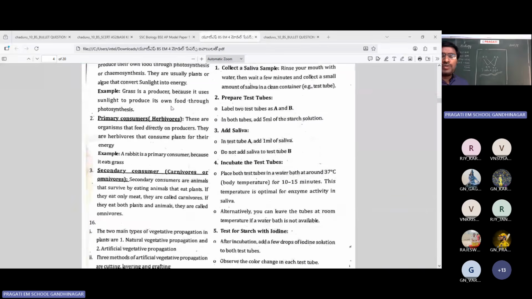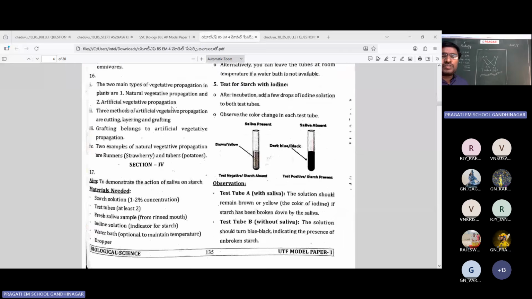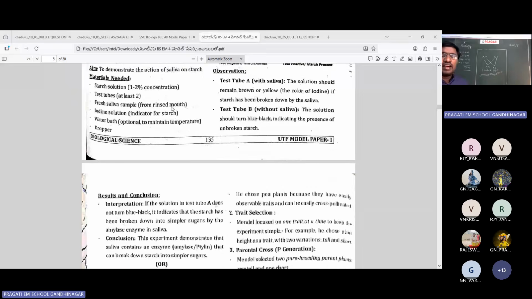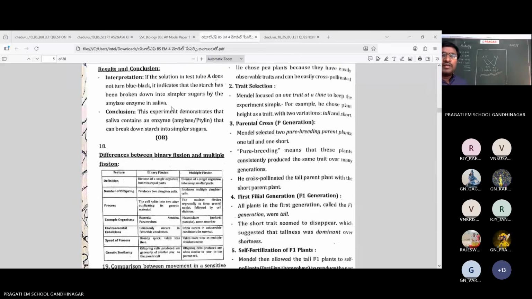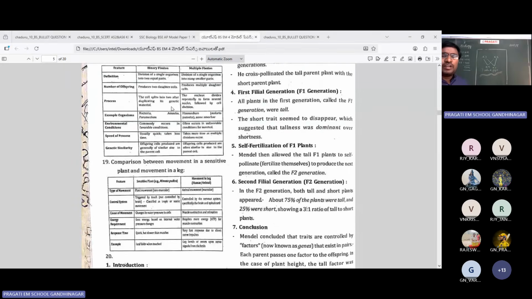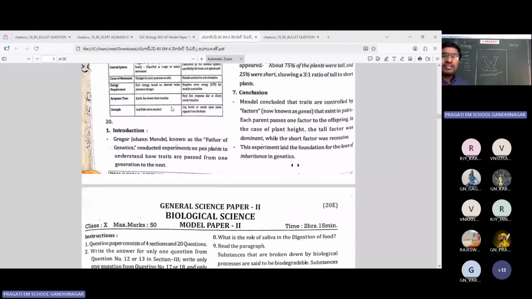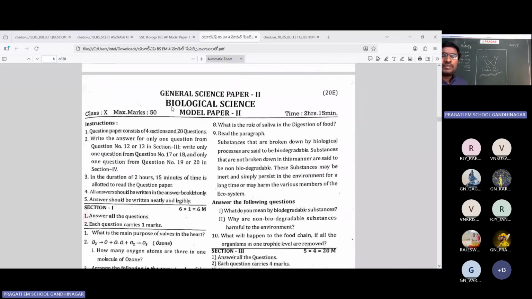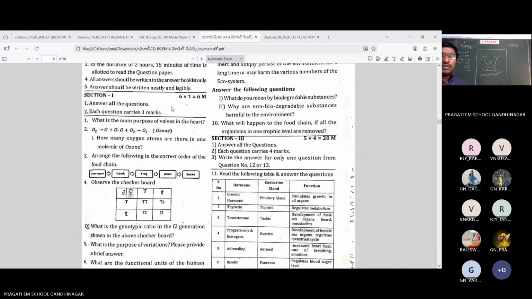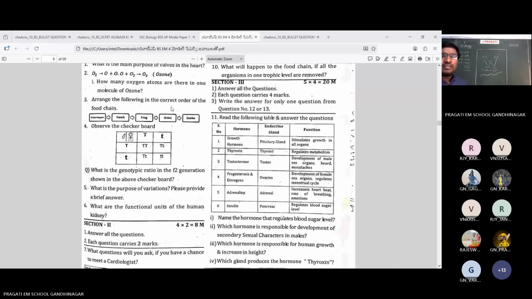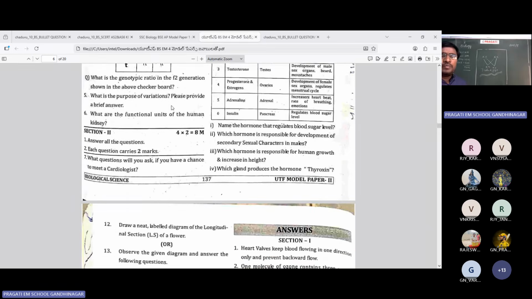One mark and 2 mark, 4 marks, and 8 mark questions, along with the answers are there in these papers. So please revise these papers. This is the second model paper. These are the 1 mark and 2 marks, 4 marks, 8 mark questions.